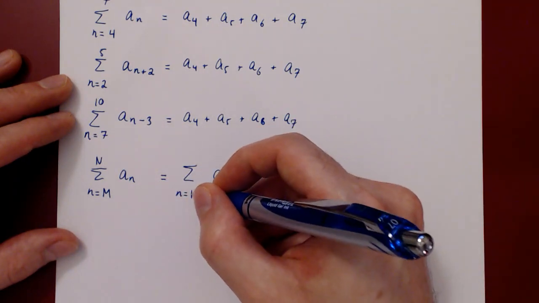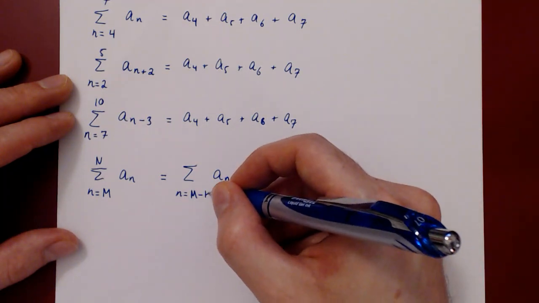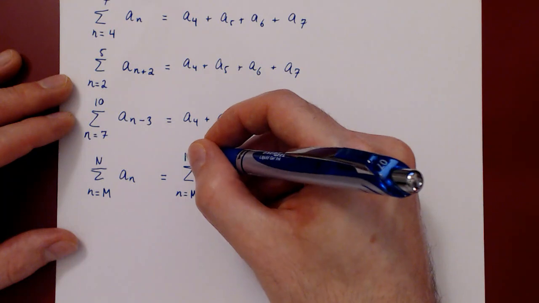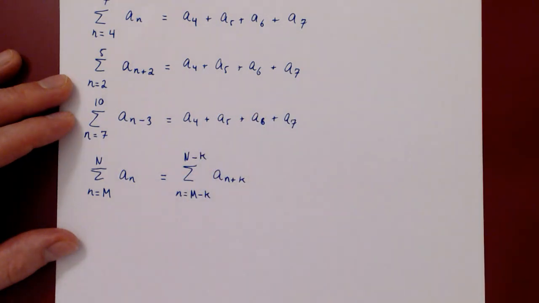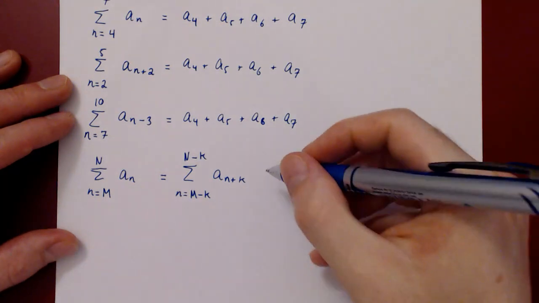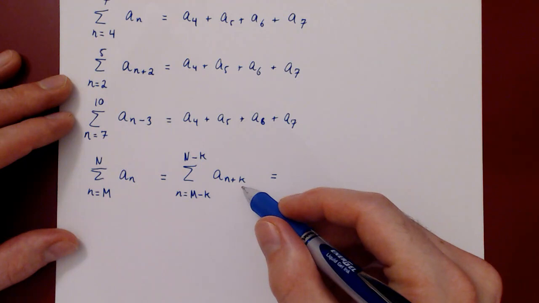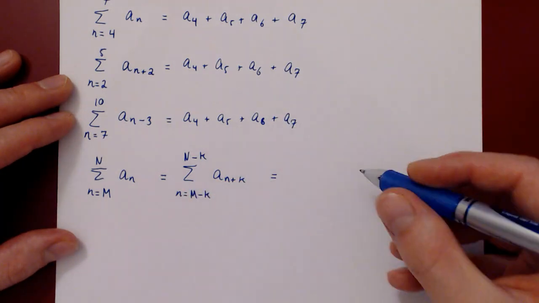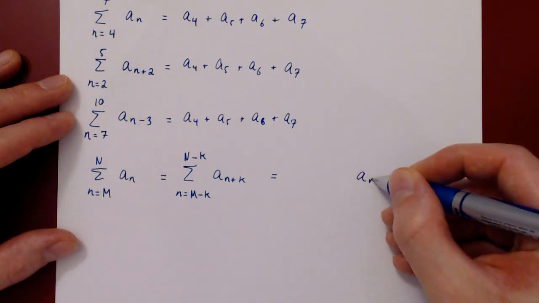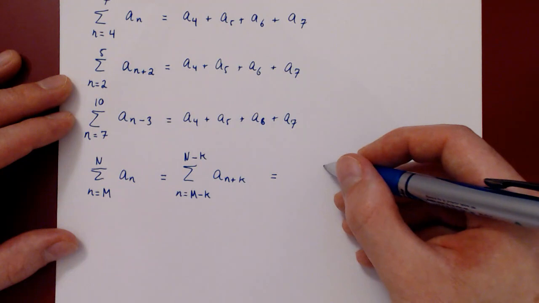So begin summing when lowercase n is M minus k, and end summing when lowercase n is uppercase N minus k. And of course, if you choose to translate the sequence not by k to the right, assuming k is positive, but by k to the left, so you have a_(n-k), then you do the opposite.